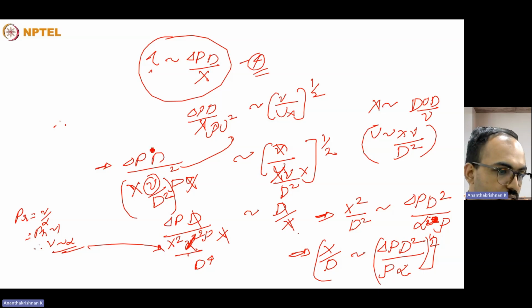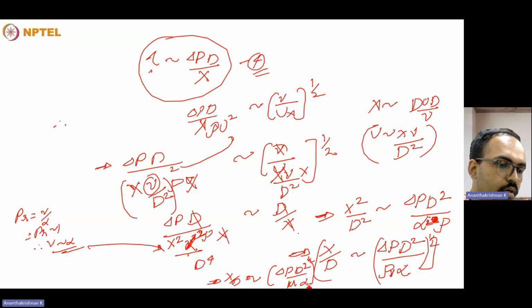This is alpha squared, so one can be alpha and the other can be nu. And we can write x by d is of the order of delta p d squared divided by nu into rho, which can be written as mu divided by alpha, the whole power 1/2.